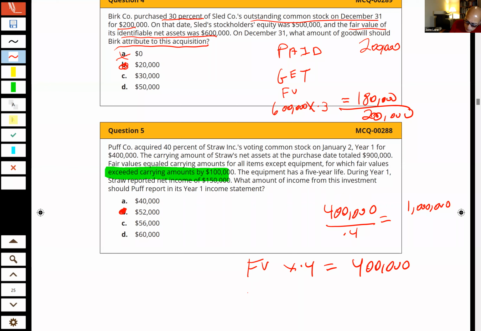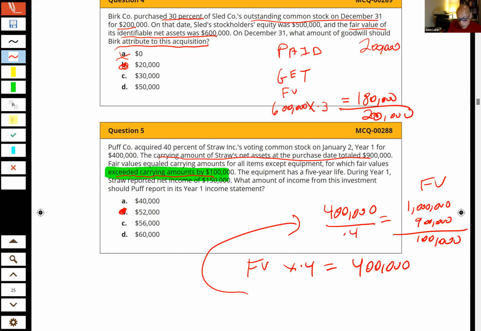So that's how I got to that calculation. And then the fair value, I'm saying, okay, well, that's $1 million. Now, once I determine that, they tell me that the carrying amount, the book value, was 900,000. So there's a $100,000 difference, and they're telling me that that 100,000 difference is this equipment.